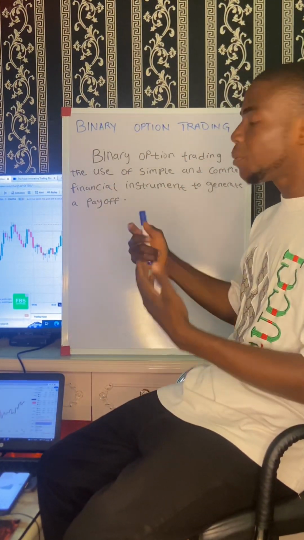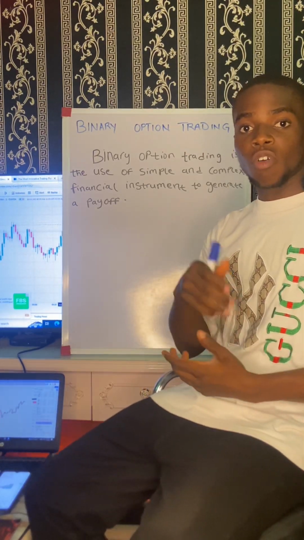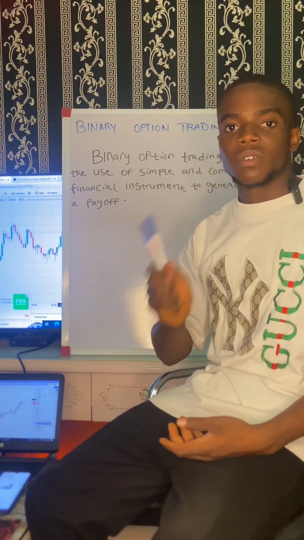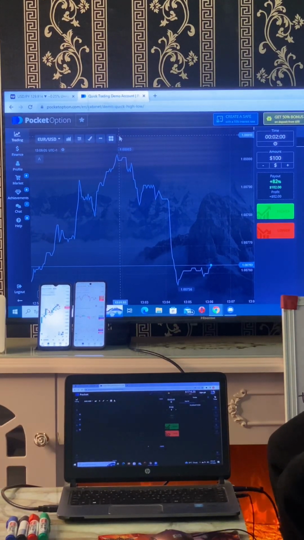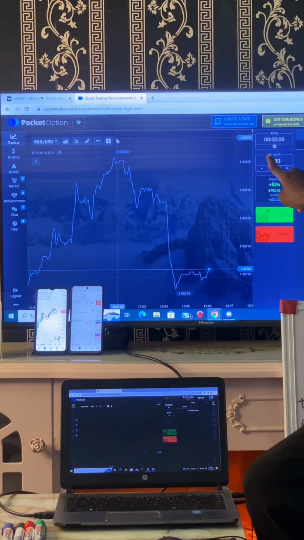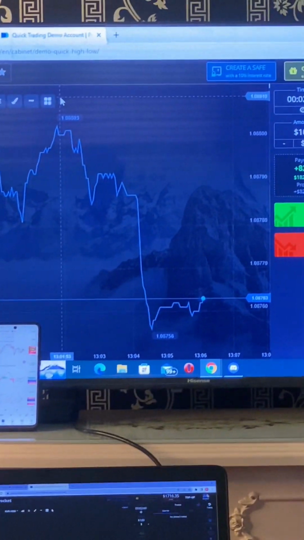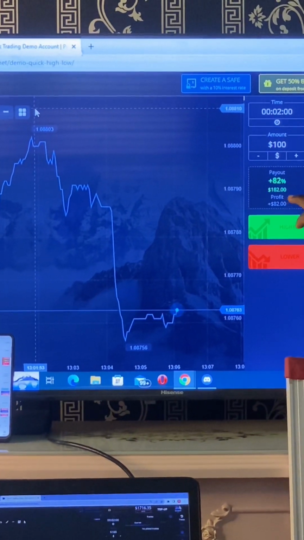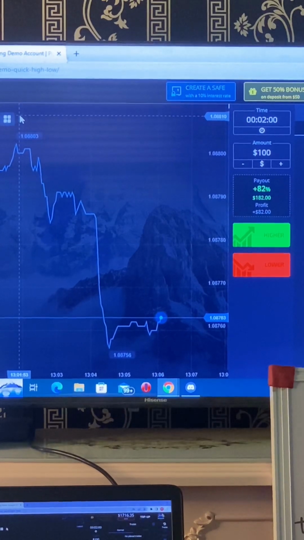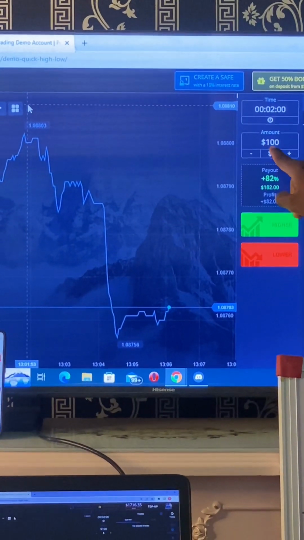Let me give you an illustration of what I mean by generating a payoff. For example, in binary option trading, you are taking a trade of $100. It generates a profit of $82, as you can see here, or it generates a loss of the total amount traded, which is the $100.